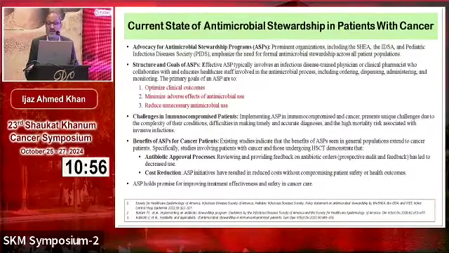So there are a lot of guidelines from SHEA, IDSA, PIDS as well about stewardship for all populations, but there are some also talking about oncology patients. So you want to have better clinical outcomes, minimize adverse effects, and reduce unnecessary antibiotic use as well.